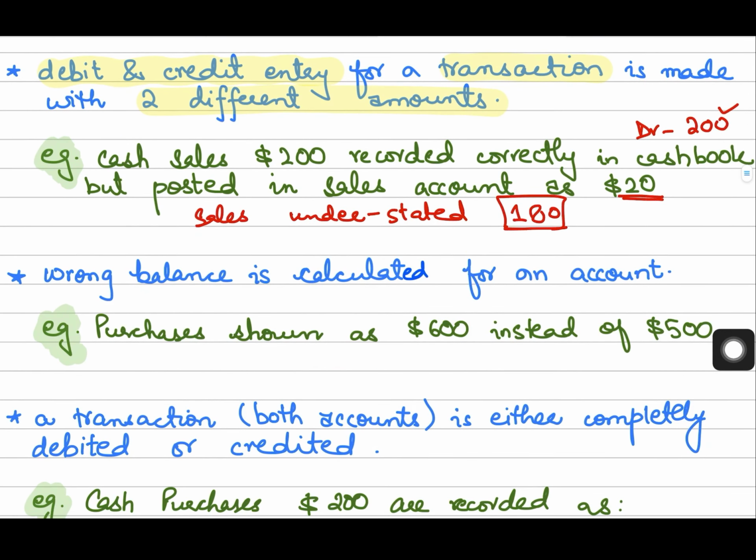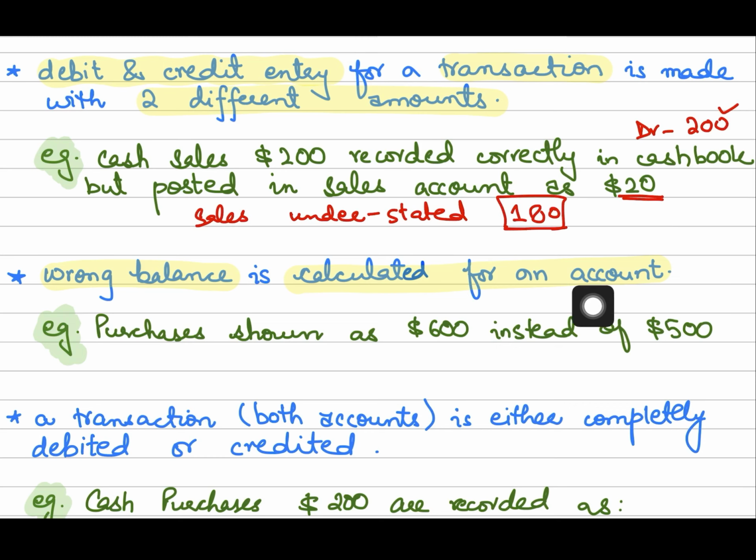Third example would be wrong balance is calculated for an account. So we know that after the preparation of the accounts at the month end, we total the accounts and we extract the balances for certain accounts. So if we have not calculated that account properly and we have taken forward the wrong figure, again that will be revealed by the trial balance because the error would be in just one account.